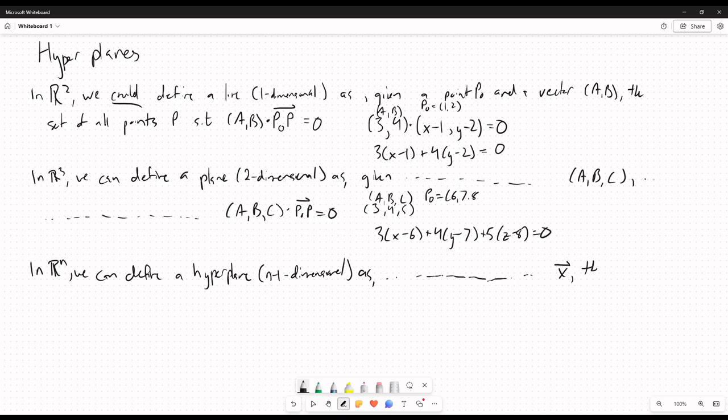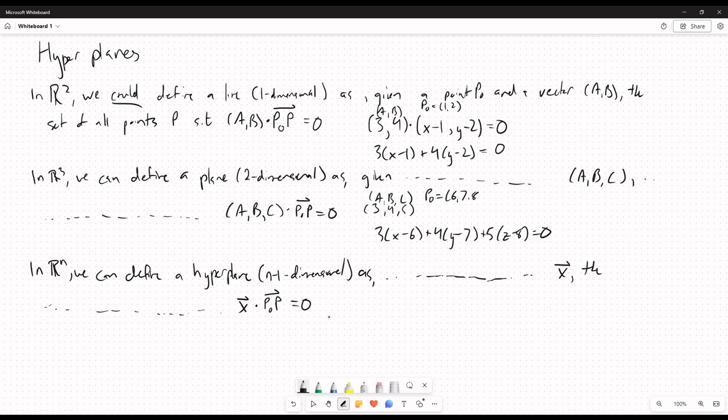Then the set of all points P such that x dot the vector from P0 to P equals 0. And it would just generalize this formula further. Okay, so that's what a hyperplane is.